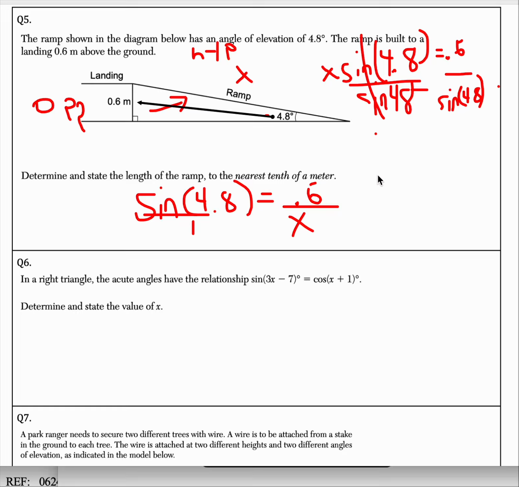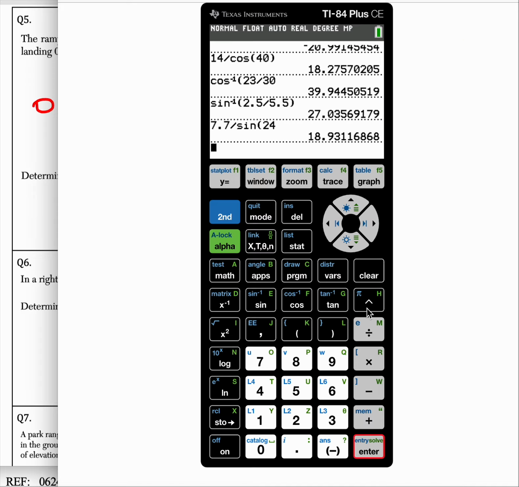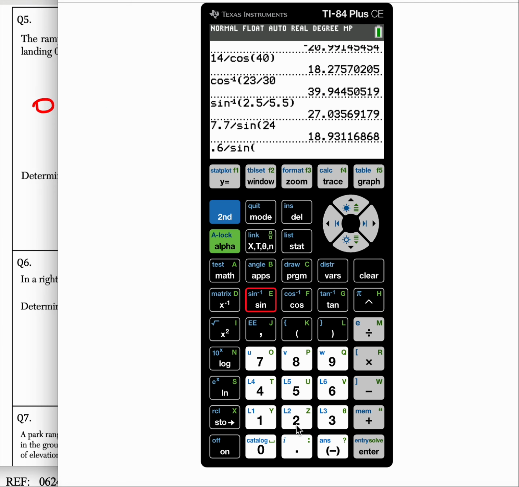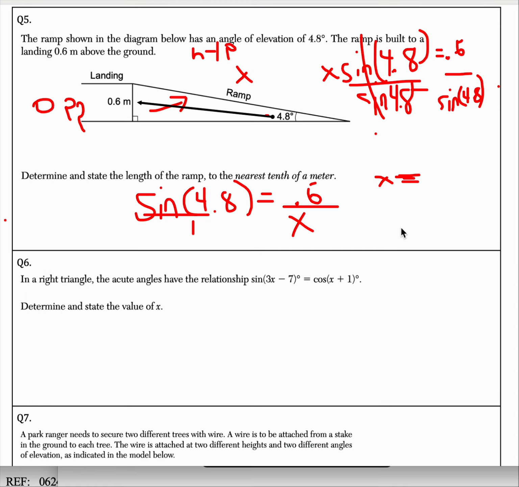Okay, this crosses out. x equals, and we want to go to the nearest tenth, 0.6 divided by sine 4.8. It should be 4.8, not 48. Okay, 7.17, and it's to the nearest tenth, so 7.2. Okay, x equals 7.2.